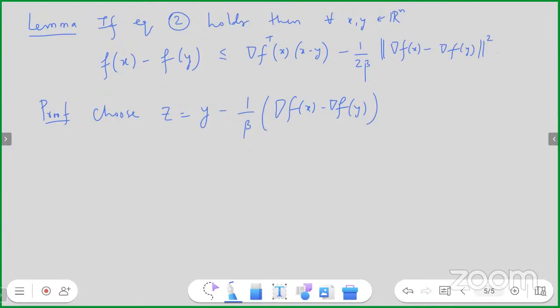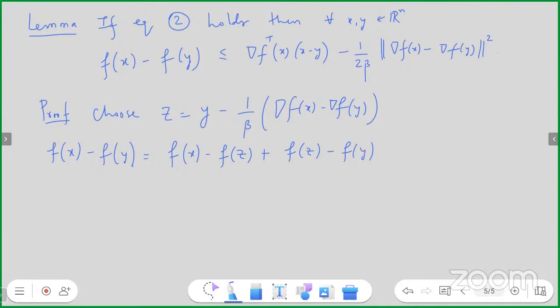Okay. What do I have? f of x minus f of y can be written as just adding and subtracting f of z from it. So f of x minus f of z plus f of z minus f of y, just by adding and subtracting f of z.